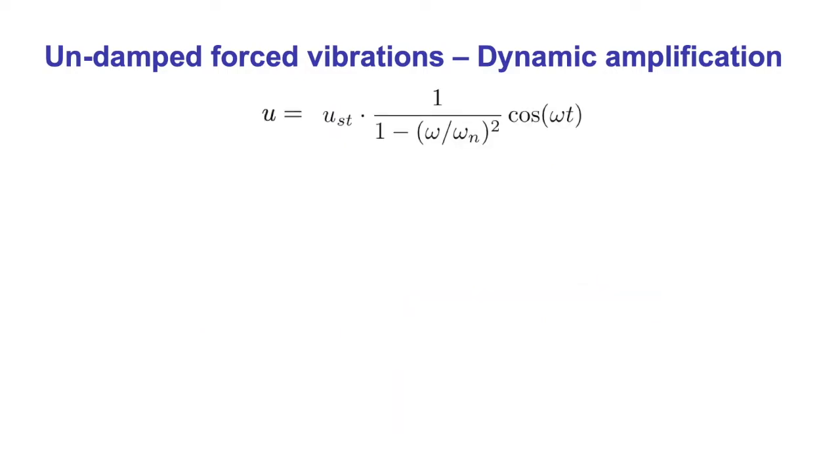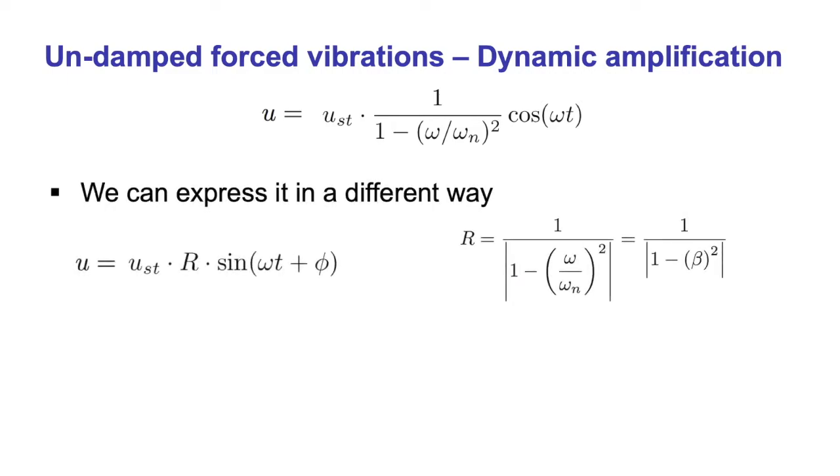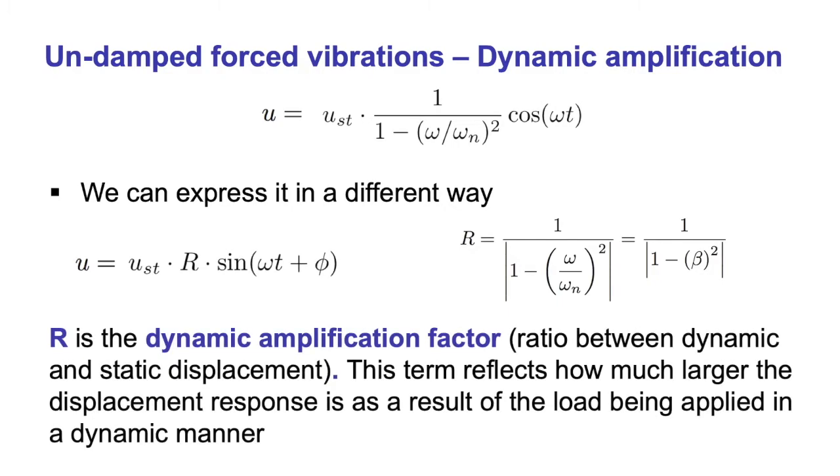Let's focus on the equation for the steady-state displacement that we've just found and express it in a different way by defining an R factor, which is the inverse of 1 minus the square of the ratio between omega and omega sub n. This frequency ratio is sometimes called tuning ratio, and we are representing it here with the symbol beta. The R factor is the dynamic amplification factor and represents the ratio between the dynamic and the static displacements.